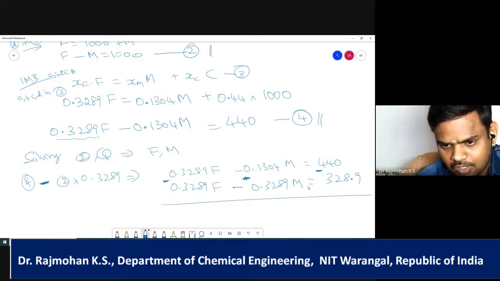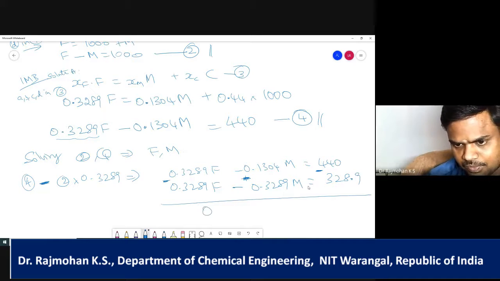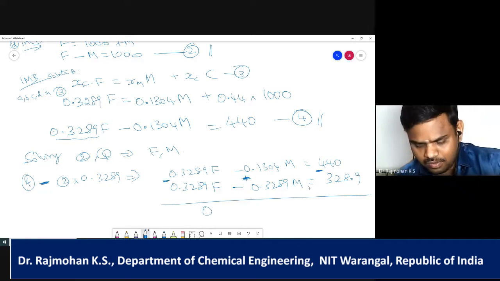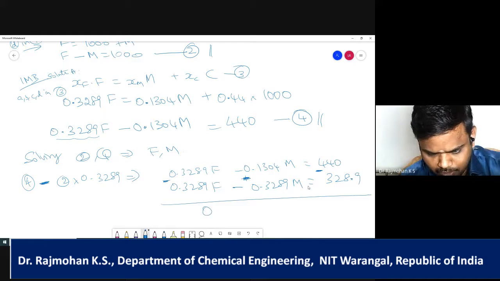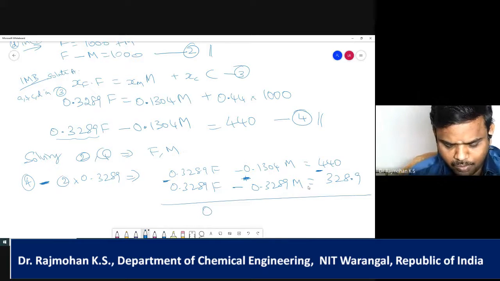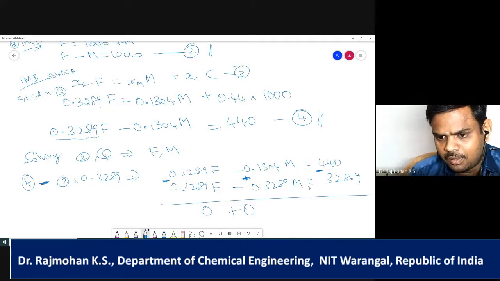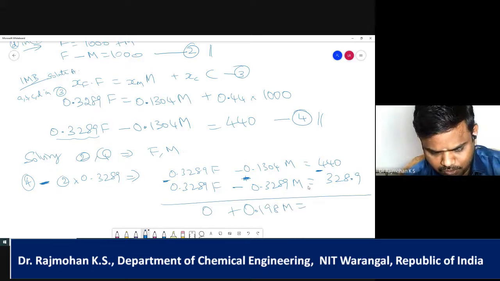What happens, we'll see. This will become 0, and minus into minus becomes plus. We have 0.3289 minus 0.1304 is equal to 0.198, so 0.198 m equal to 440 minus 328.9.